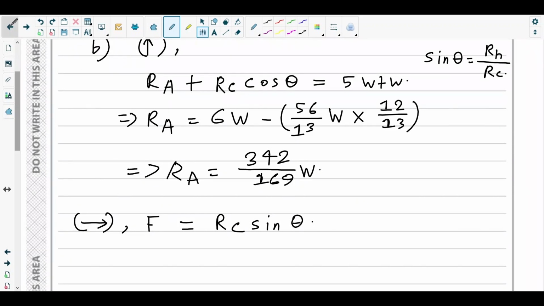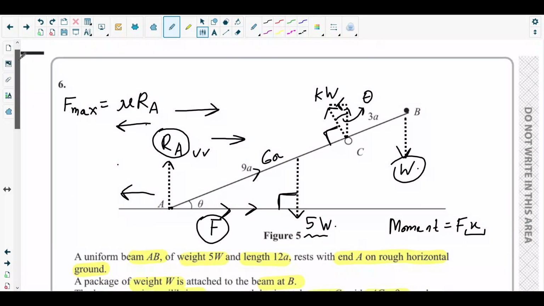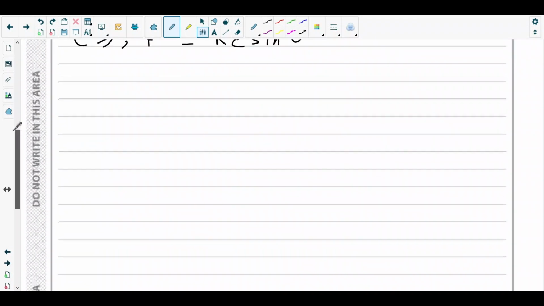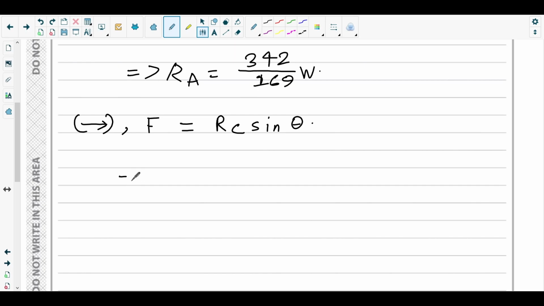Are there any other forces acting horizontally? Nothing else. Now consider the friction is maximum. So we can write friction is mu times reaction at A equals reaction at C, which is 56/13 W sine theta.